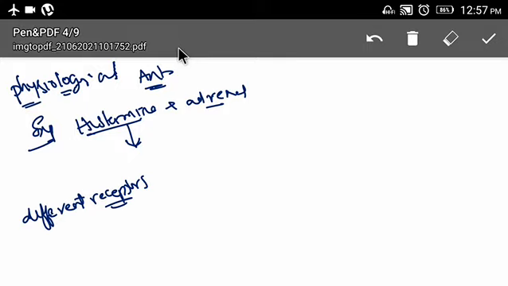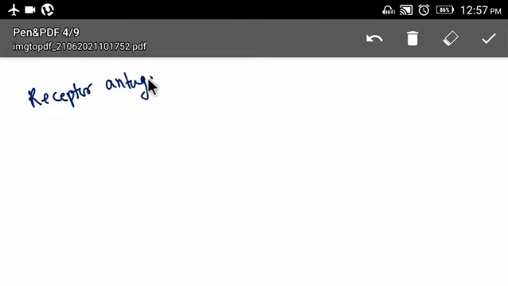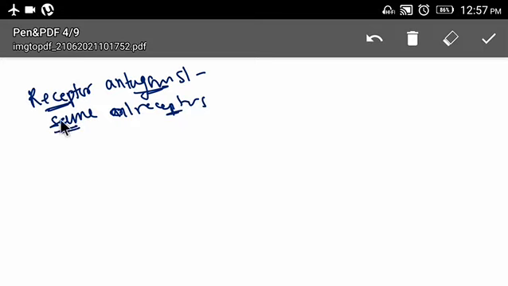Next we'll move to receptor antagonism. Here in receptor antagonism, they act on the same receptor and antagonize each other. Clear? And this receptor antagonism is of three types.